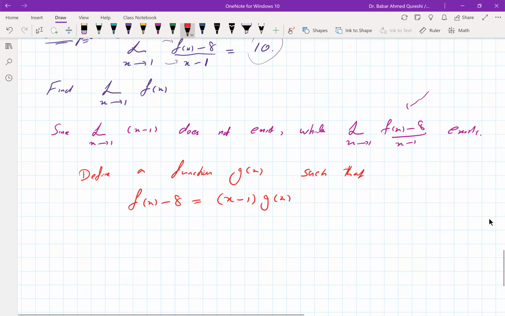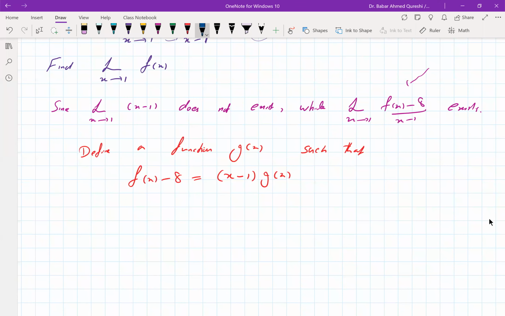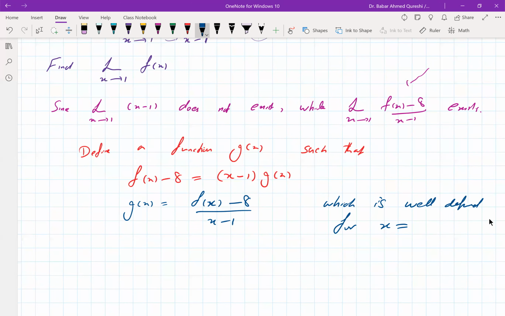And this definition is well posed because g of x, according to this definition, is just this function, which is well defined for x not equal to 1. But in computing the limits, we don't care what happens at that point. So this is a completely well-defined normal function. And I got this idea because I want to cancel this point, x minus 1.